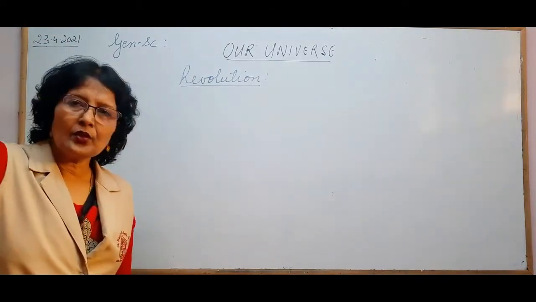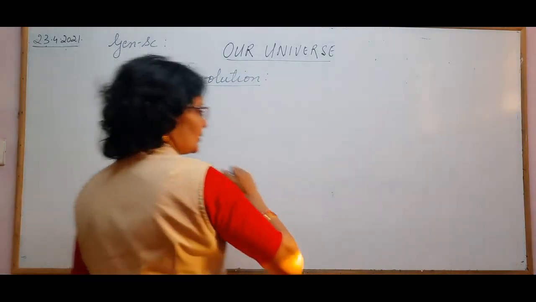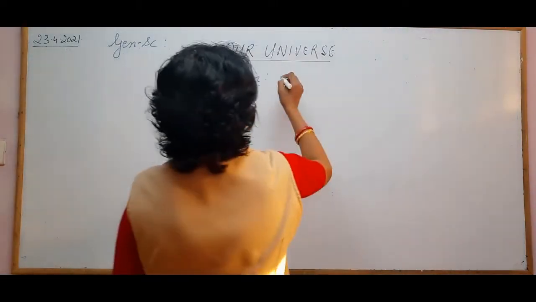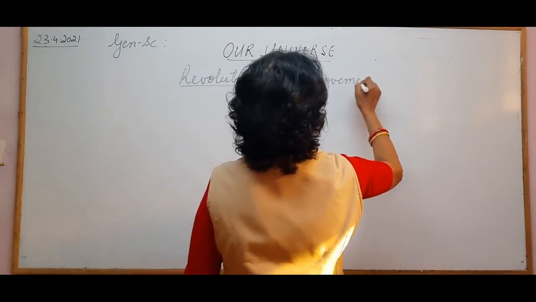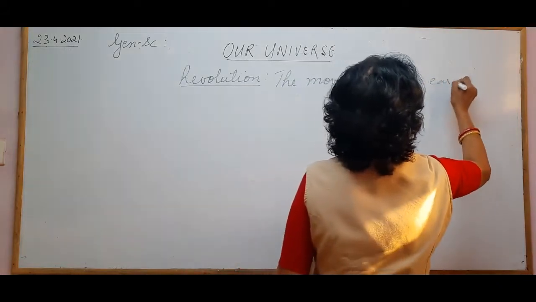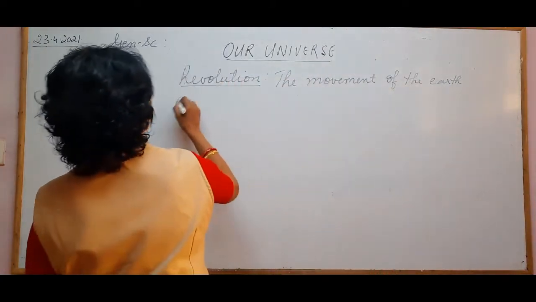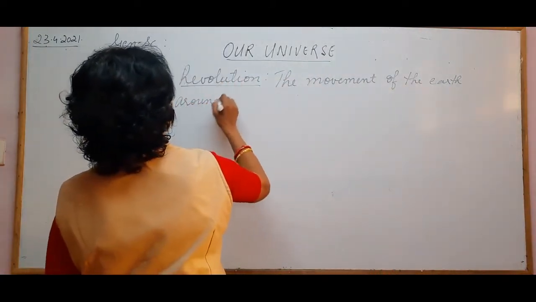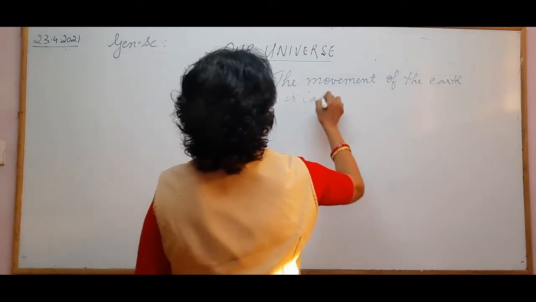Once it goes around the sun, that is called revolution. The movement of the earth around the sun is called revolution.